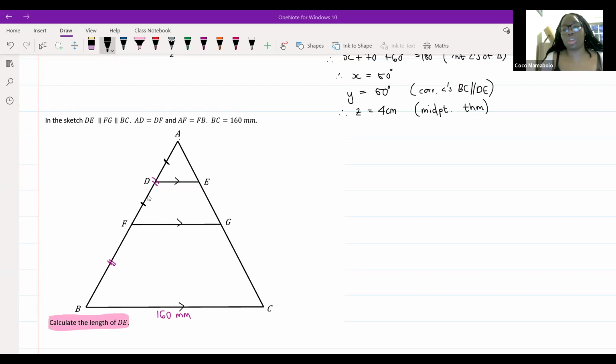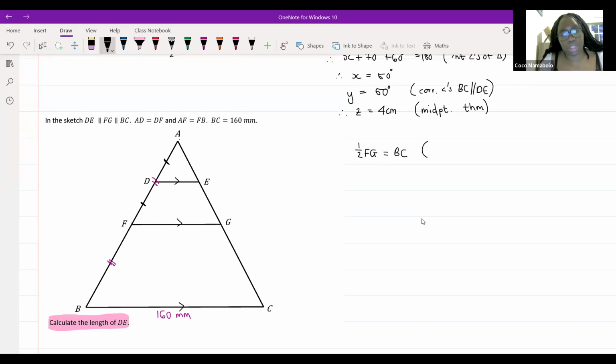So we can automatically say that half of FG is equal to what? What is half of FG equal to? To BC. Yes, to BC.